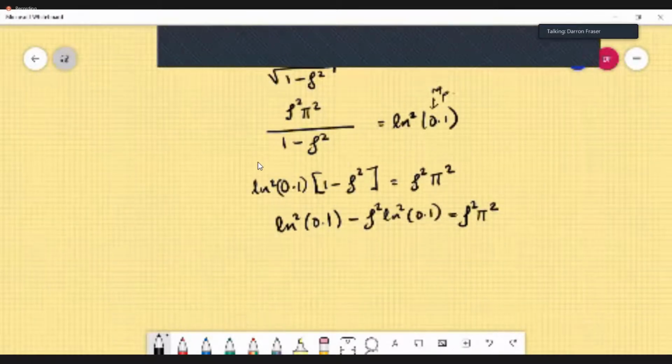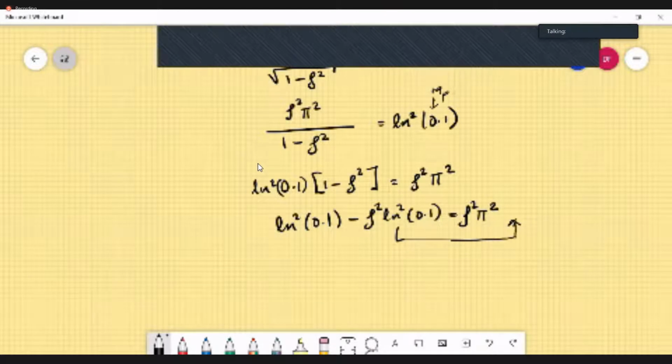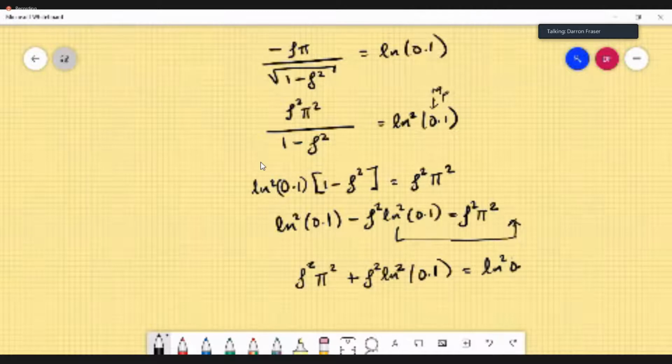So carry this across here. So we get pi squared damping ratio squared plus damping ratio squared ln squared 0.1 is equal to ln squared 0.1.